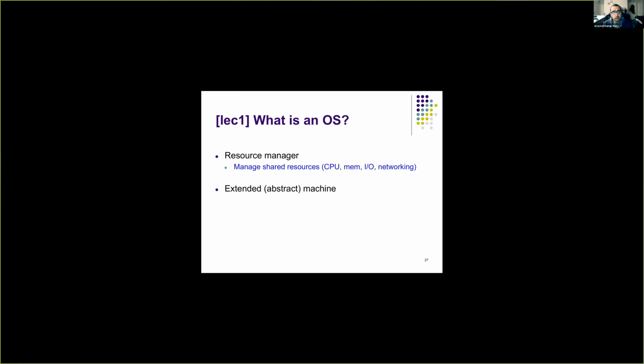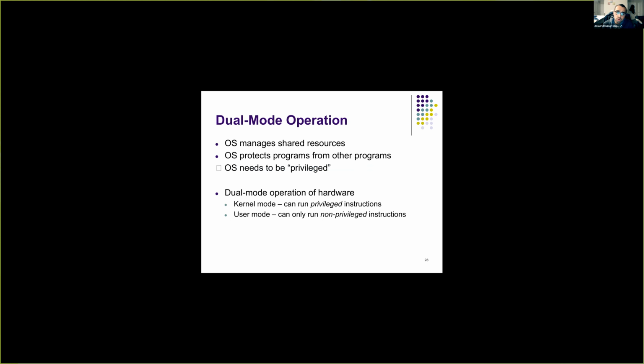In order to manage resources, it needs to be able to allocate and reclaim resources. To do this, the operating system needs to have higher privilege. That means the operating system needs to have more power than regular programs.